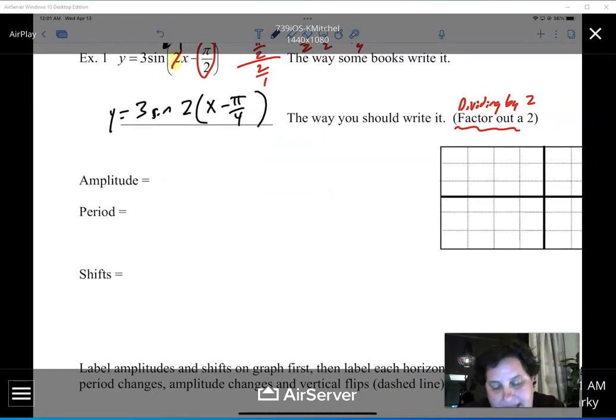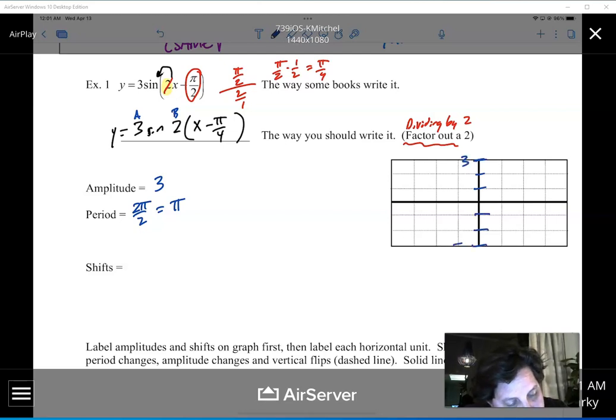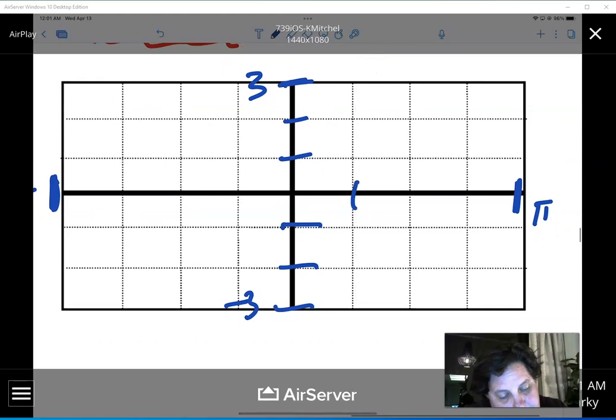Okay, check it out. My amplitude is 3, because it's the absolute value of A. My period is 2 pi over 2, so that's pi. Right now, before I do anything, I'm going to go ahead and label 3 and pi. All right, and if I label this stuff in the middle, I need to divide pi by 4.